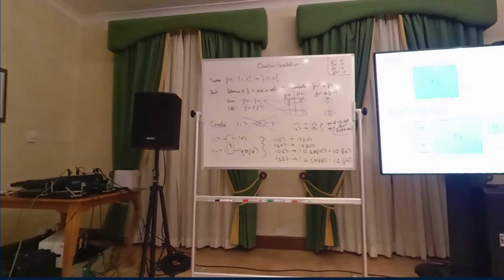Okay, so if f of 0 is equal to 0, then f bar of 0 is going to be equal to 1. And then what we have is basically a 0 state and the minus state. If we have it the other way around, if f of 0 is equal to 1, then f bar of 0 is going to be 0, so we've got minus the minus state.